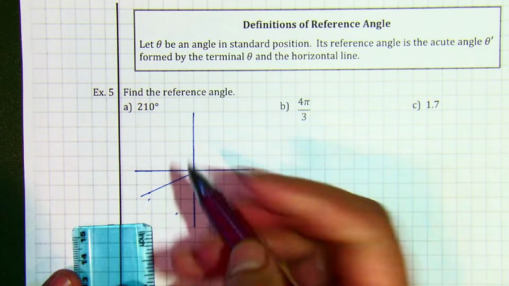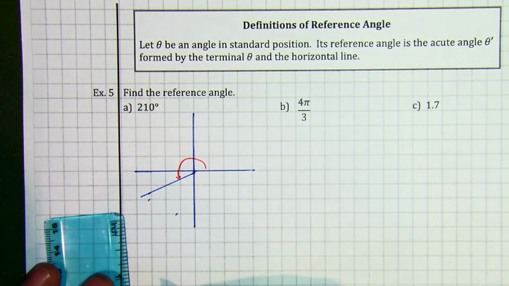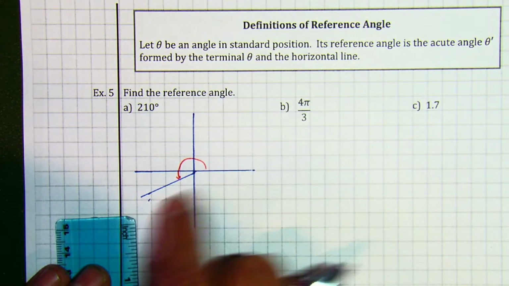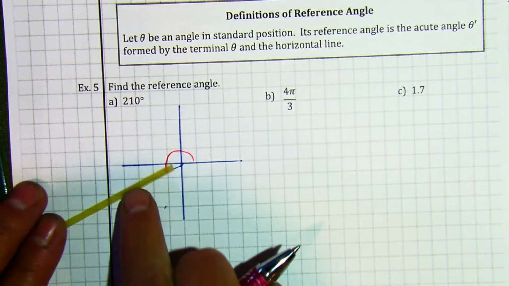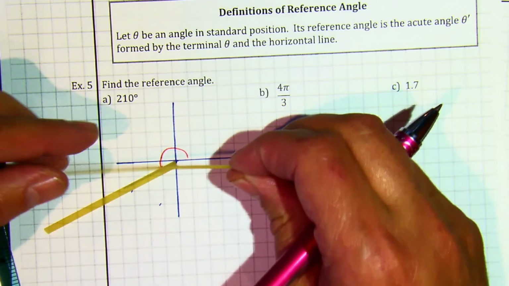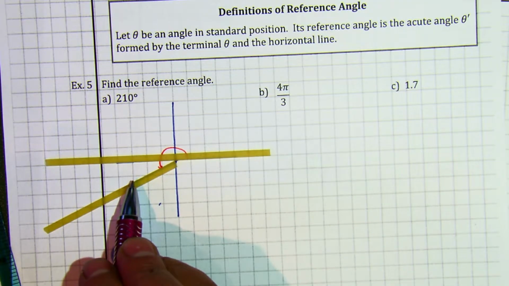So therefore, this is 210 degrees. Your reference angle is formed by the terminal side, which is this side, and the horizontal line, which is this side. So that is your reference angle here.